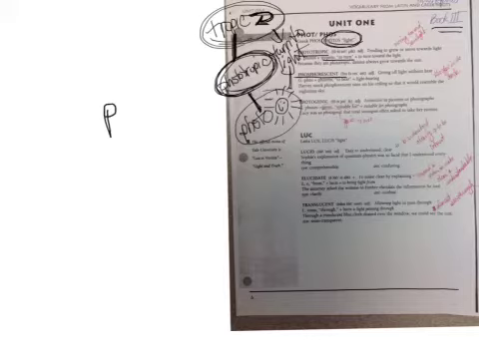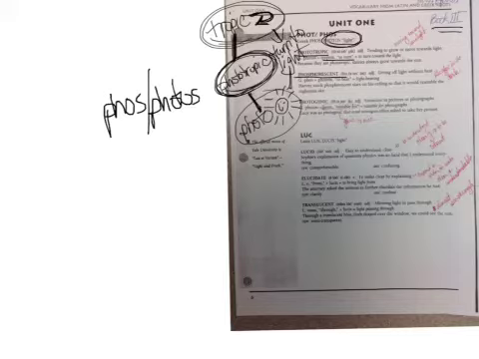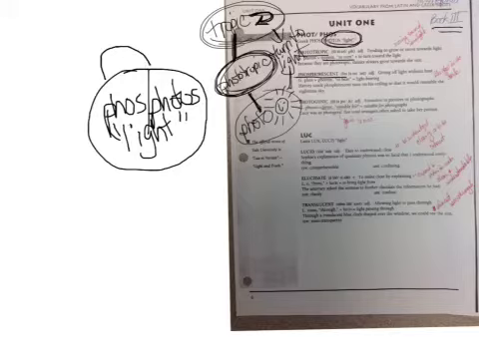So you have PHOS, and then you have photos, and these mean light. Okay. You can put a big circle around it, and I'm going to put a half sun right here. So we've got light. Okay?